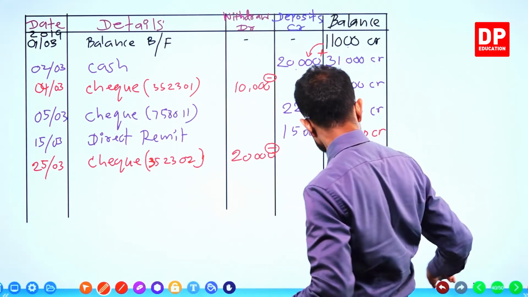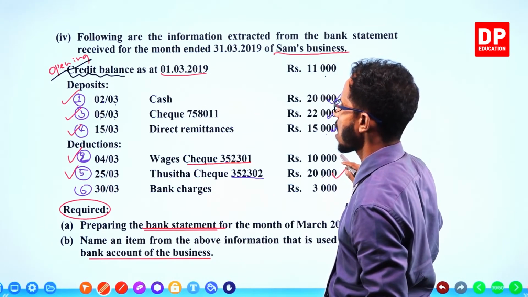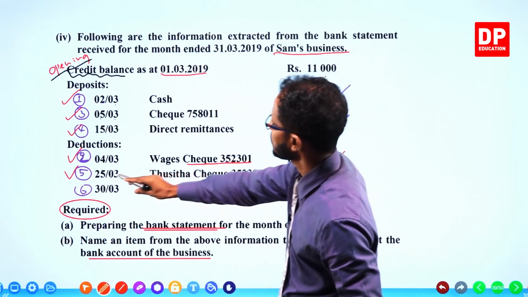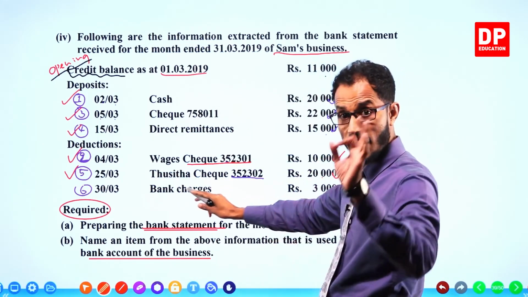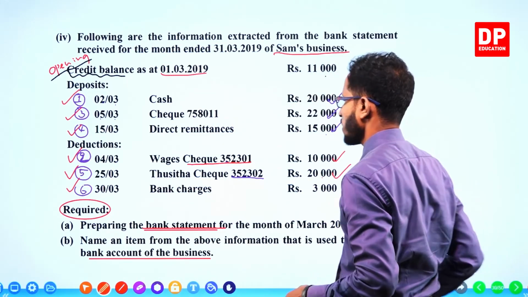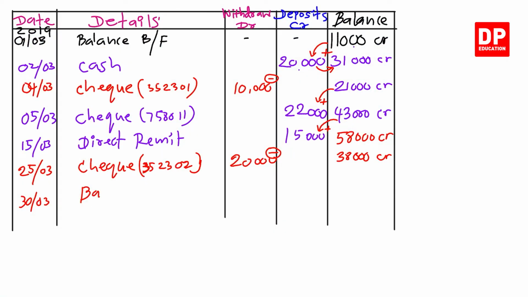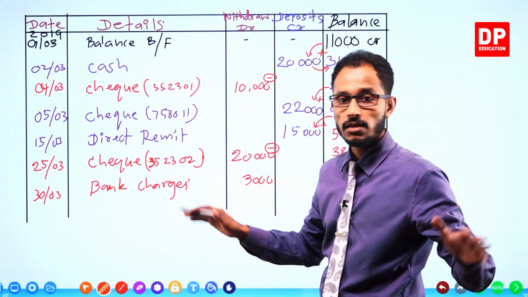Got it? Are we done? No, the fifth one we took. The sixth one is here. 30th, last one. Bank charges, 3,000. We know bank charges go to the debit because it's a withdrawal by the bank. Again, 38,000 minus 3,000, 35,000 is the last balance. It's a 35,000 credit balance and the bank statement is done.